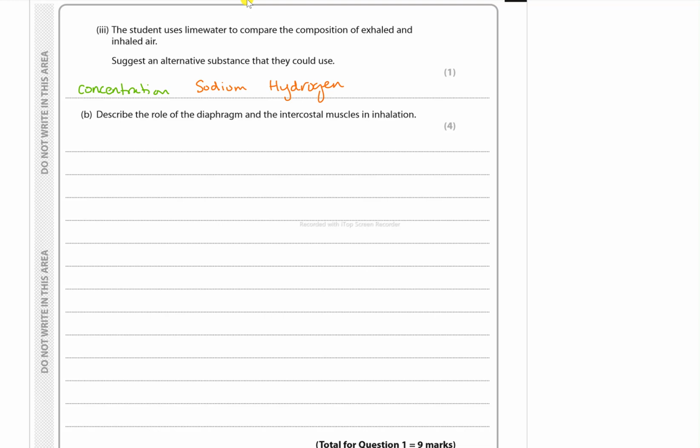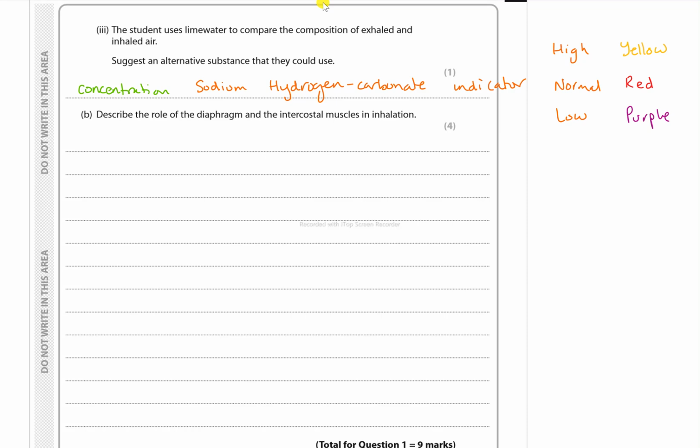hydrogen carbonate indicator. And if you've got high levels, normal levels, and low levels, I think it's going to be yellow, red, purple.